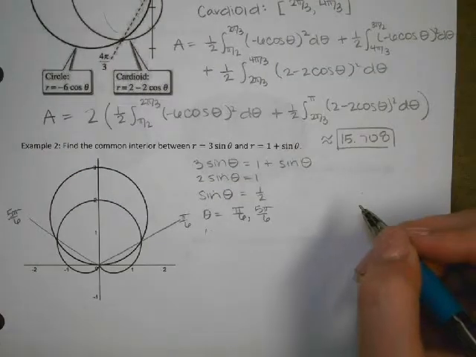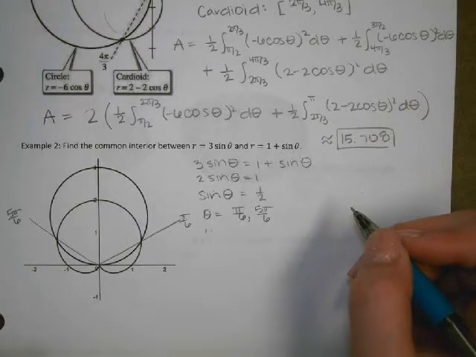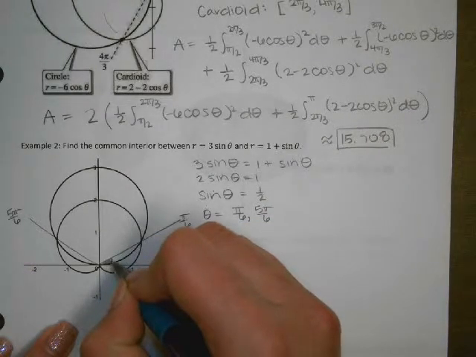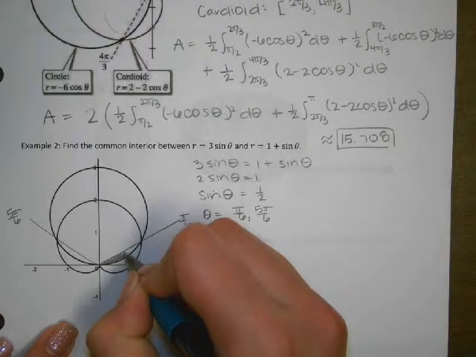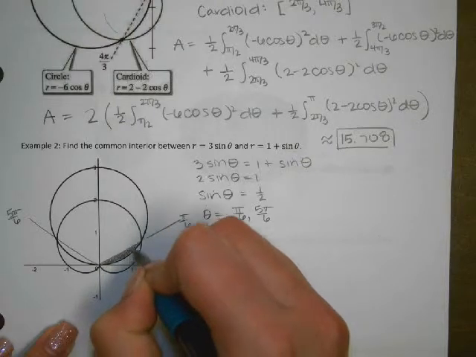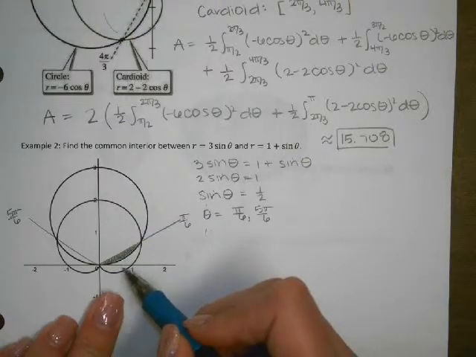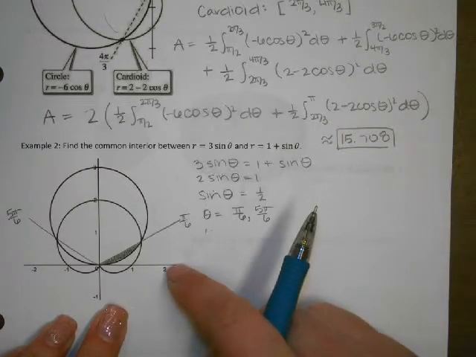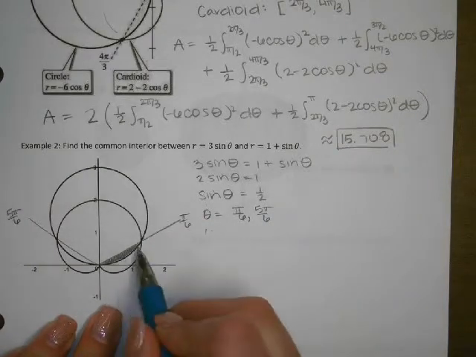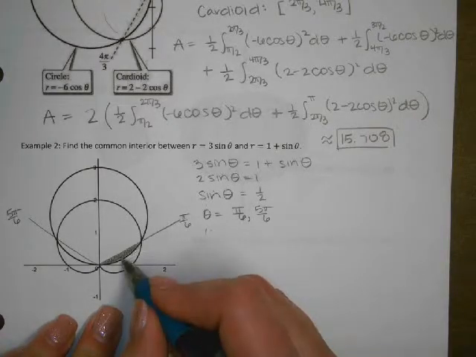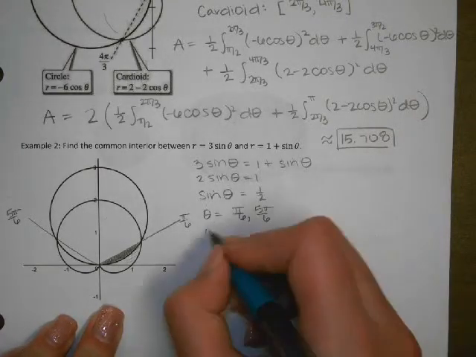And then just like before, this is my overlapping region right here, so I have to think about whether I want to use the cardioid to get that, or the circle. I can see that I should not use the cardioid for 0 to pi over 6, because the cardioid would give me all this area right here, and that's not what I want. So I'm going to use the circle from 0 to pi over 6.